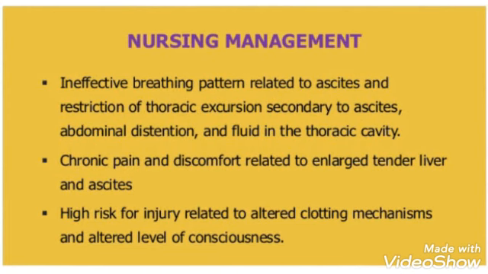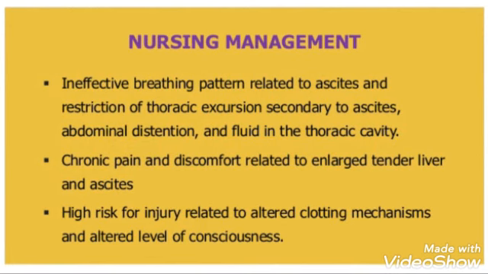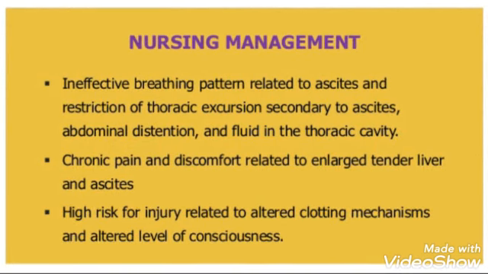If the patient complains of pain, that will be your first nursing diagnosis. If the patient complains of any discomfort or anxiety, that will be your first. So according to the patient's problem, you have to put the numbering on your nursing diagnoses.